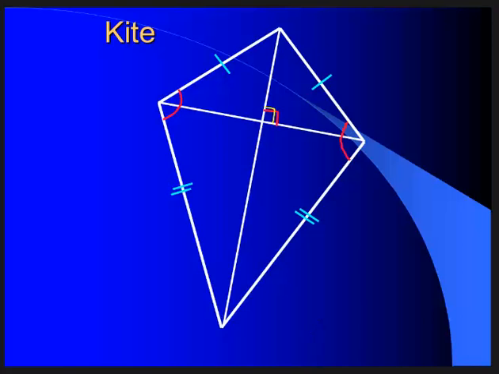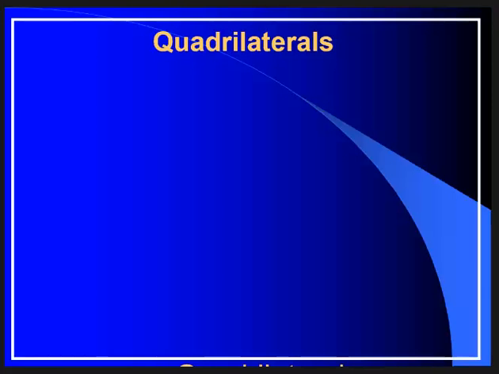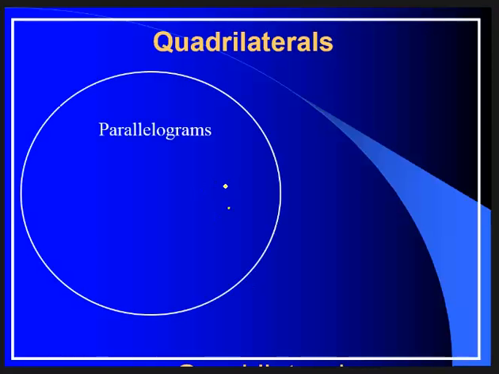So here's the breakdown. If I did a Venn diagram of quadrilaterals, it would look something like this. We have four-sided objects called quadrilaterals, some of which are parallelograms. Okay, remember what a parallelogram was?